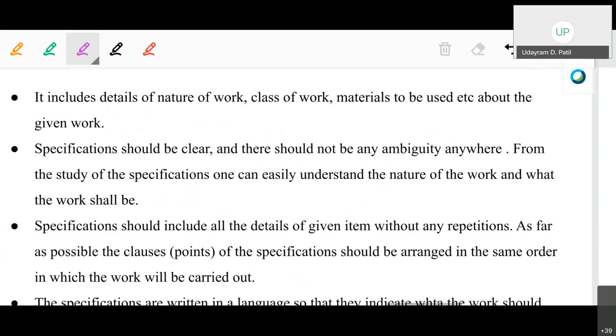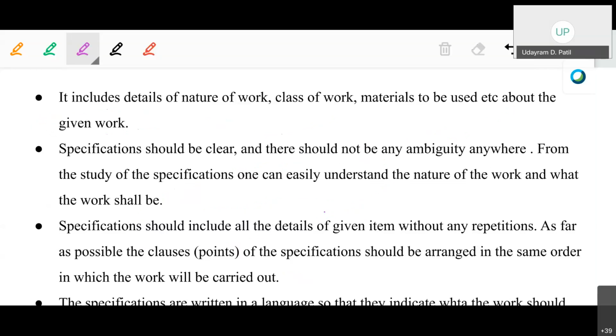Okay, the next point is specification should be clear and there should not be any ambiguity anywhere. From the study of the specification one can easily understand the nature of the work and what the work shall be. So obviously I'm going to provide the specification to the particular contractor or the particular estimator to calculate the cost of the building or to construct the particular work.